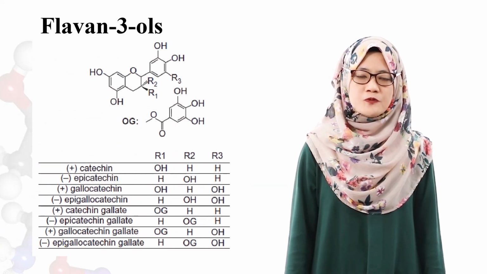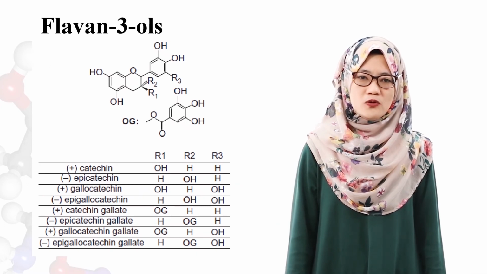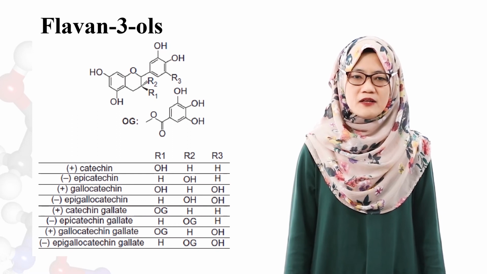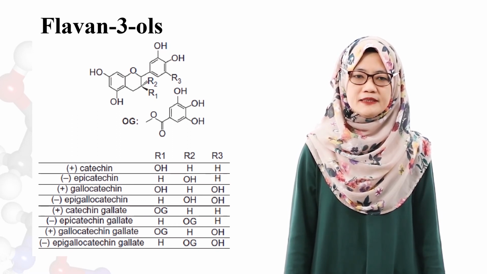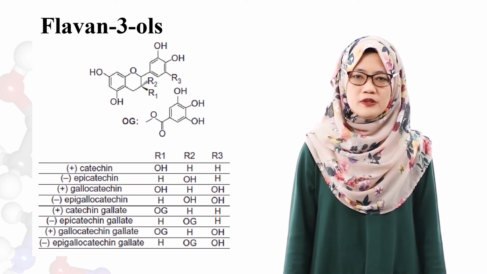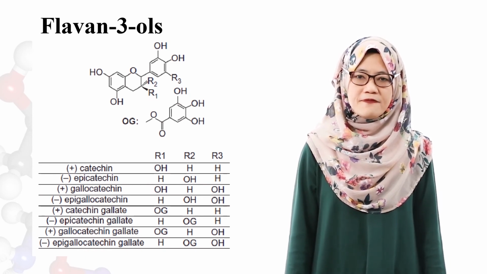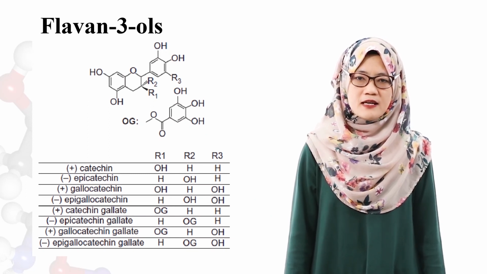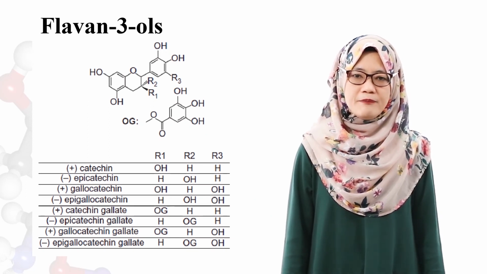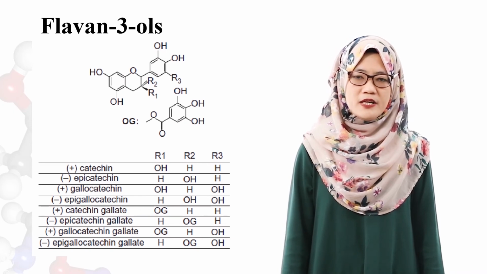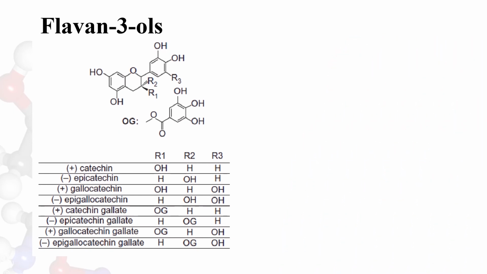The fifth group of flavonoids is flavanols or flavan-3-ols. Flavanols lack the double bond between carbon 2 and carbon 3 and the oxo group in carbon 4, but contain a hydroxy in carbon 3. The major flavanols are catechin, epicatechin, gallocatechin, and epigallocatechin. They exist as monomers, polymers and oligomers.